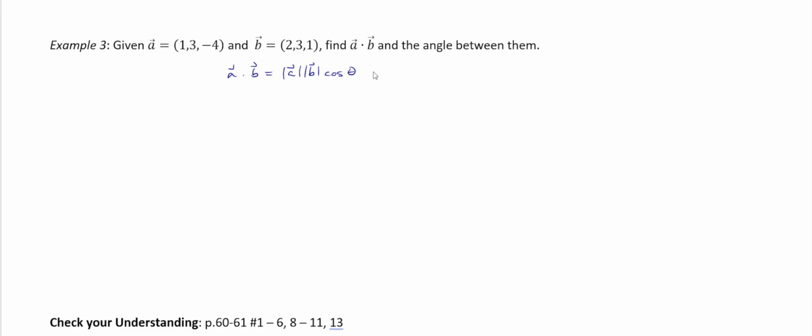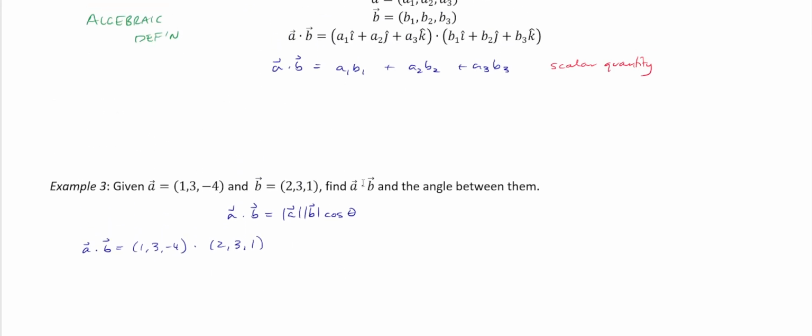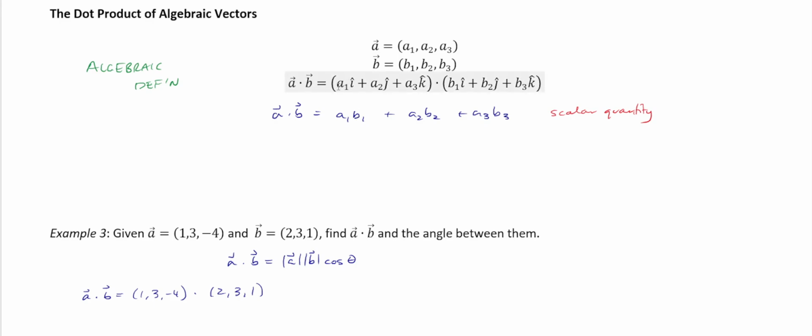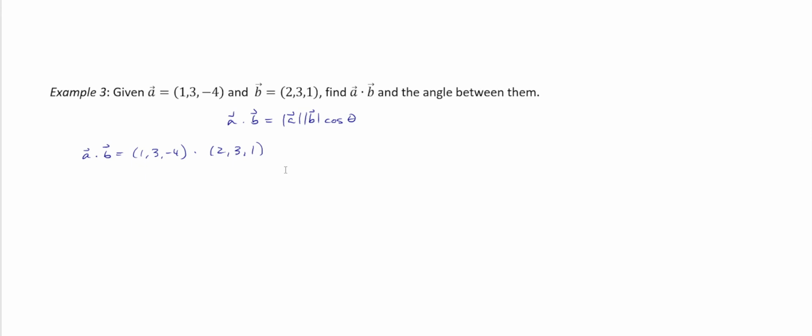I'll start with my algebraic definition. A dot B is equal to (1, 3, negative 4) dot (2, 3, 1). I'm just multiplying the scalars of the x components, the scalars of the y components, and the scalars of the z components, and I sum them all up.